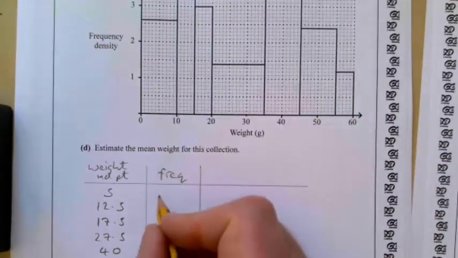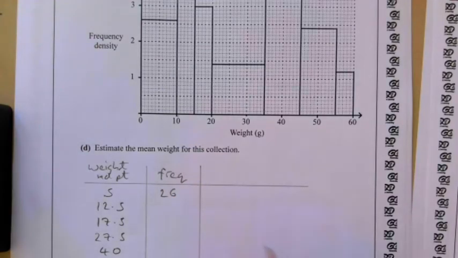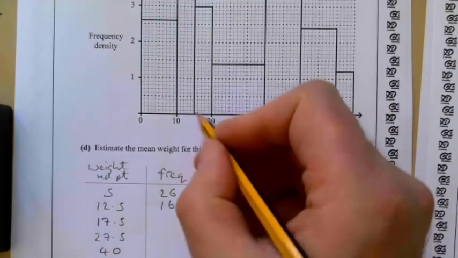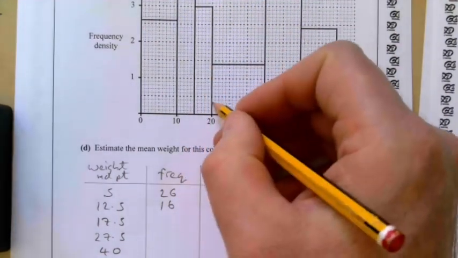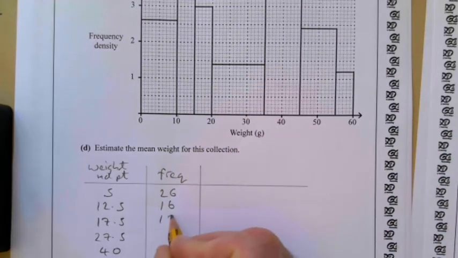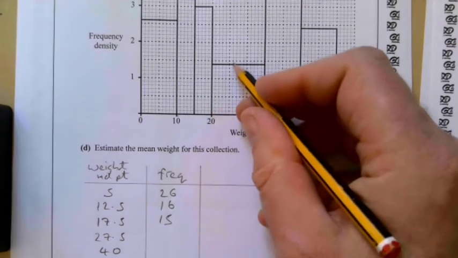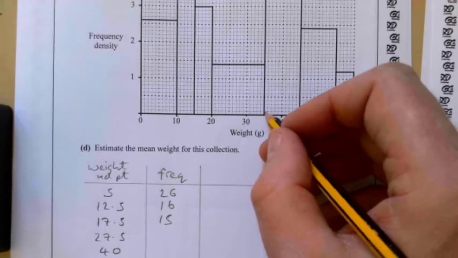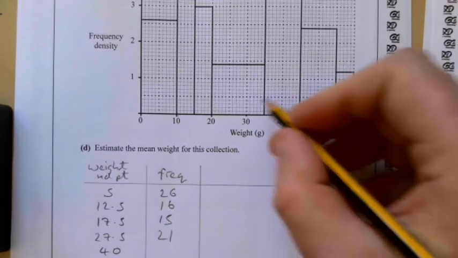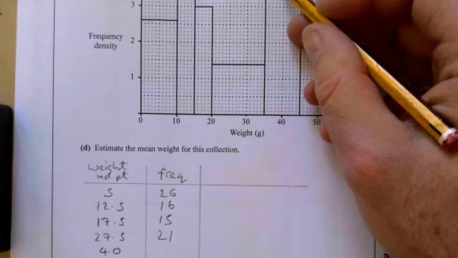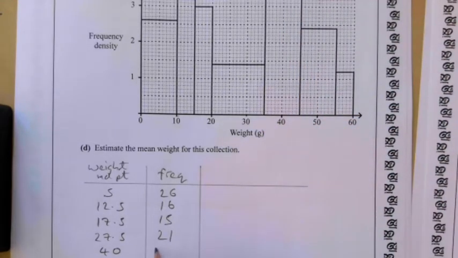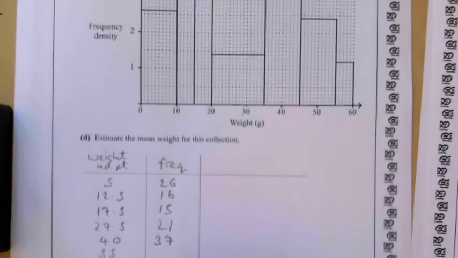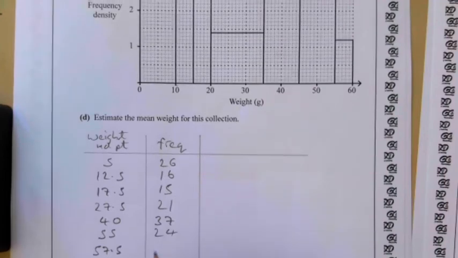So 2.6 times 10 is going to give us 26. 3.2 times 5 gives us 16. 3 times 5 gives us 15. 1.4 times 15 gives us 21. 3.7 times 10 gives us 37. 2.4 times 10 gives us 24.